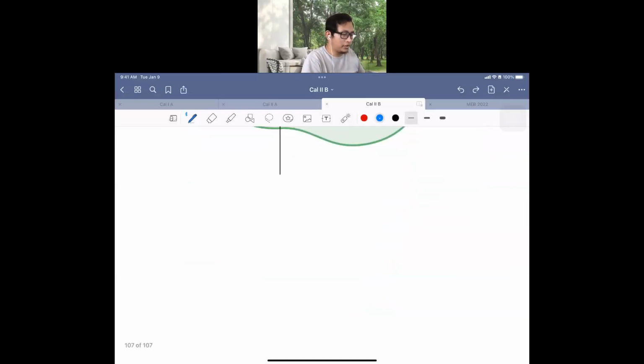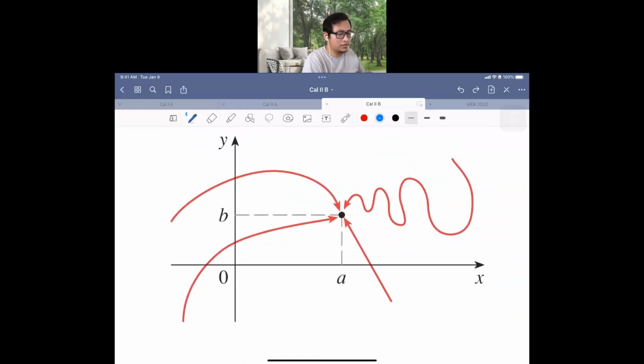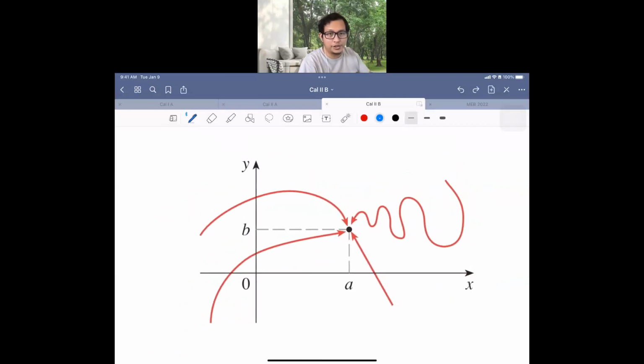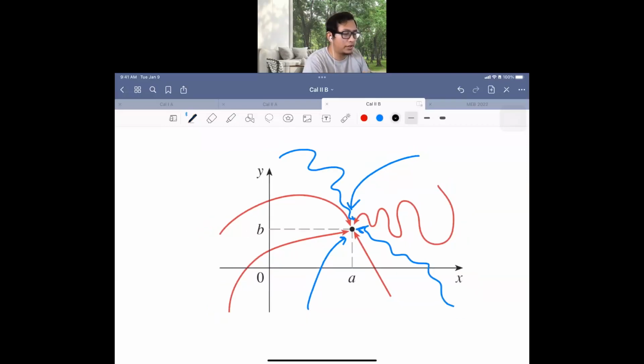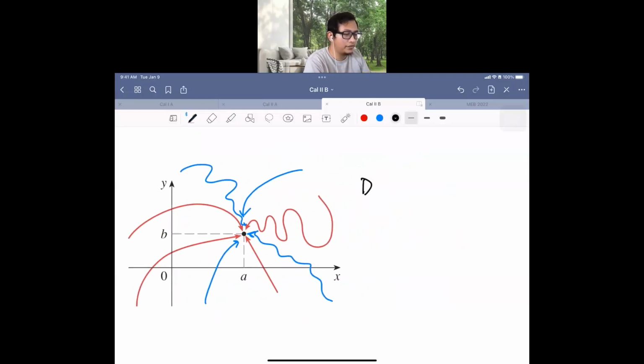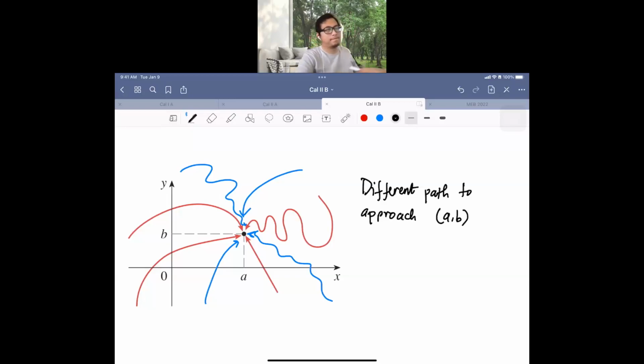So this picture shows that we can go from here, from here, from here, as long as it's within the domain. So we can say we have different paths to approach AB.